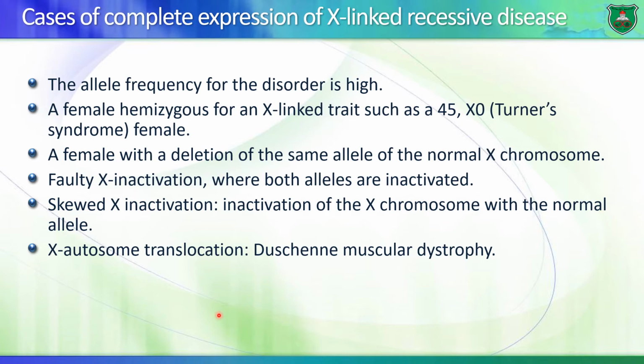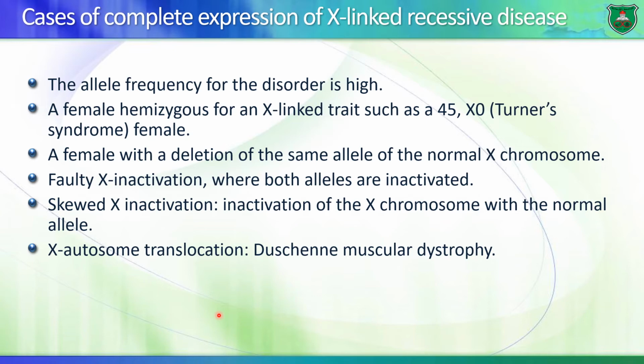Or you can have skewed X inactivation, meaning that instead of having 50-50% chance of inactivating this X chromosome or the other X chromosome, you might have 80-20, with 80% of the faulty X chromosome being active in the body of that individual.